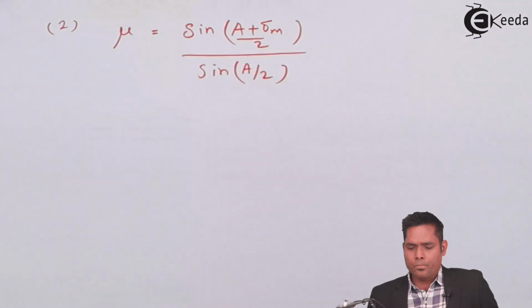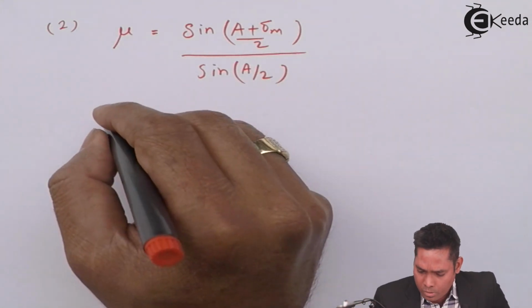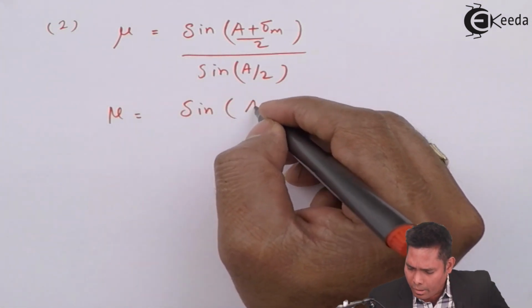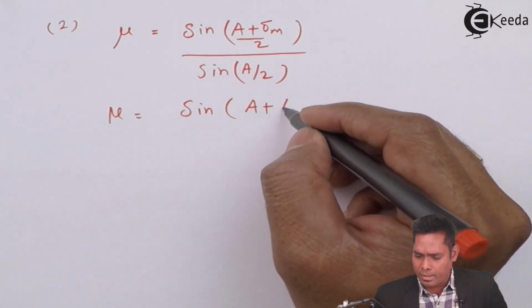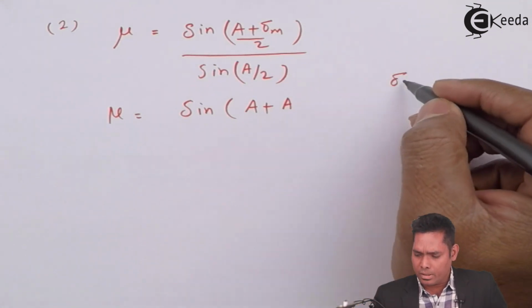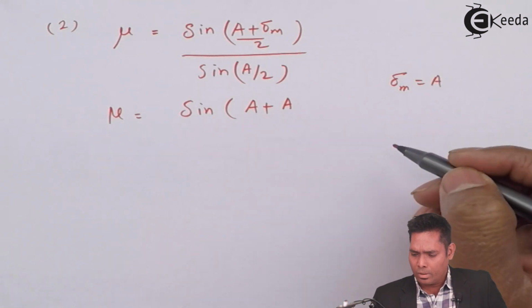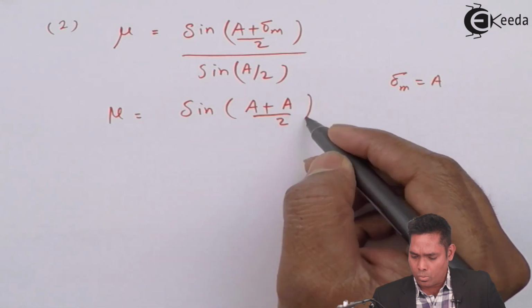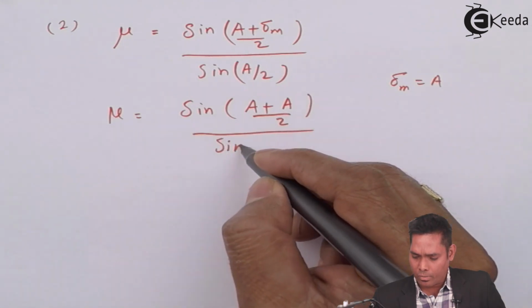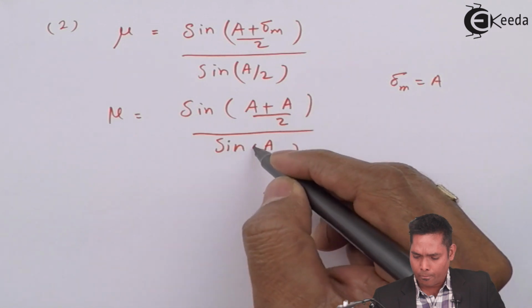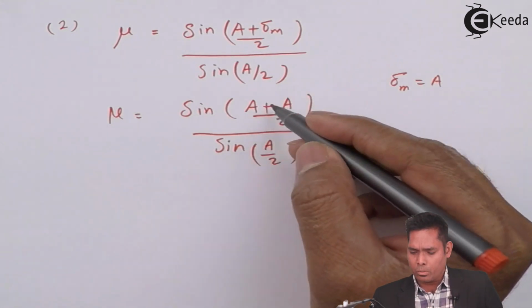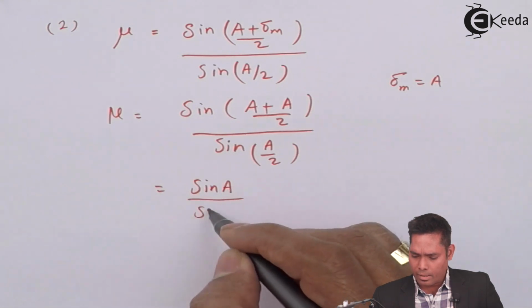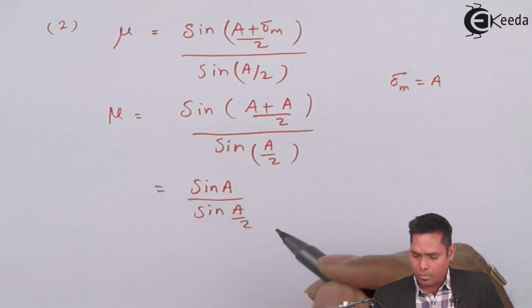Therefore mu is sine of (A plus delta m), and since delta m is A, it becomes sine of 2A by 2, that is sine A, divided by sine of A by 2.